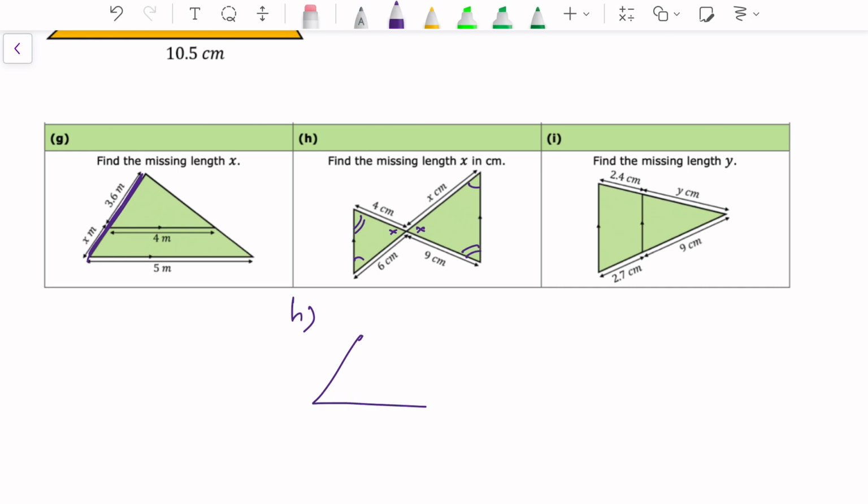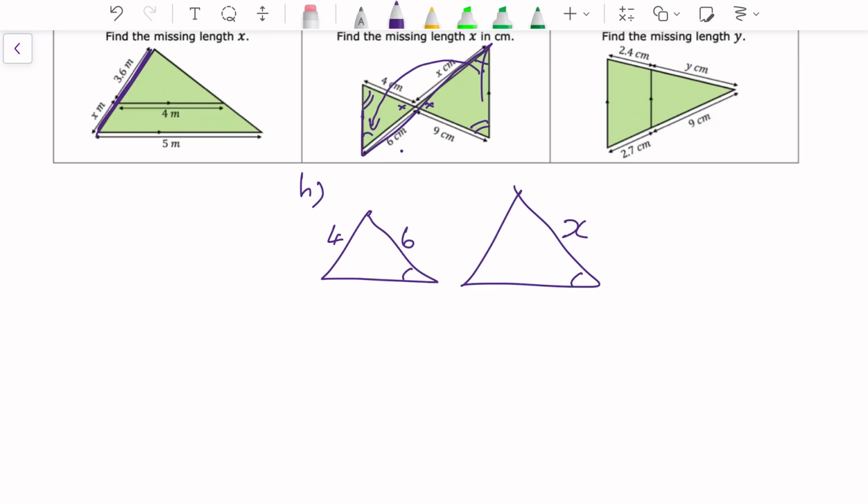So once again, if we draw the two triangles next to each other, let's just make sure we label in a way that makes our lives a lot easier when solving these problems. So if we're looking at the smaller triangle, that's the 6 and the 4. Looking at the bigger triangle, you can picture we've actually swiveled this triangle around. Okay, so the x matches up with the 6, and the 9 goes on top of the 4.